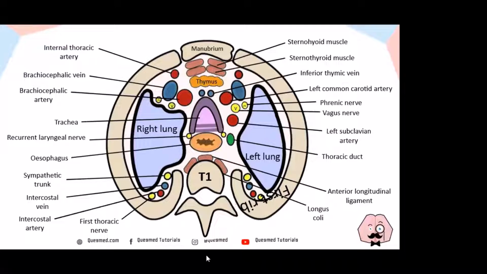And then you've got your phrenic nerve here and your vagus nerve here, and they normally go with your carotids or brachiocephalic in the neck. And then you've got some paraspinal muscles as well, more posteriorly.